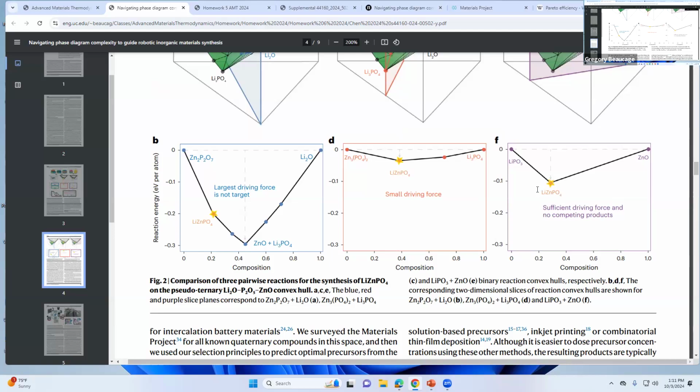So he calls these ternary oxides because it's got the main metal, lithium, and it's got a doping metal, zinc. And he's got oxygen, and he's got kind of a non-metal dopant, this phosphate. So that's what he calls a ternary oxide.